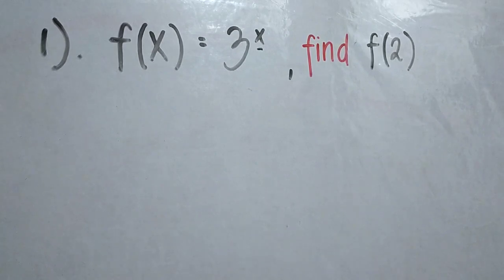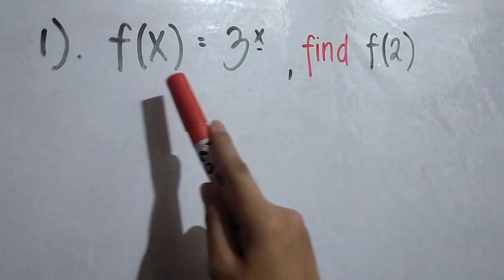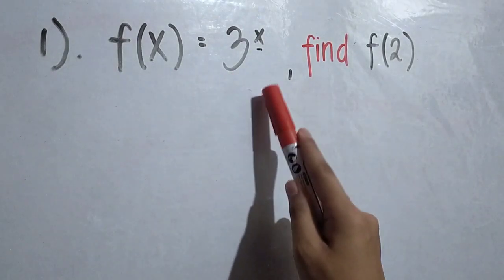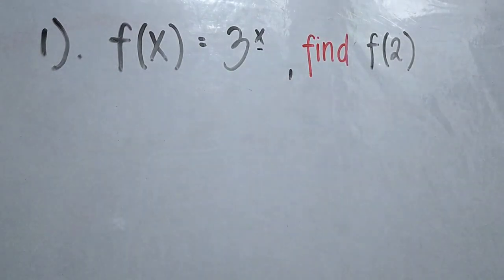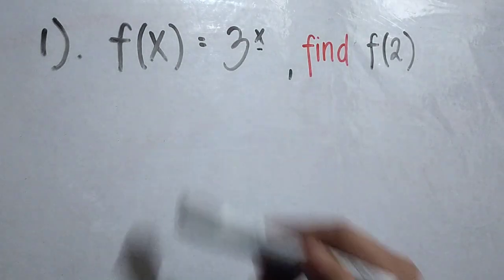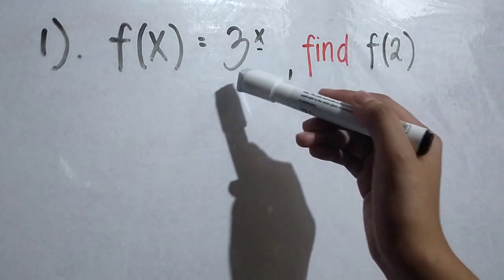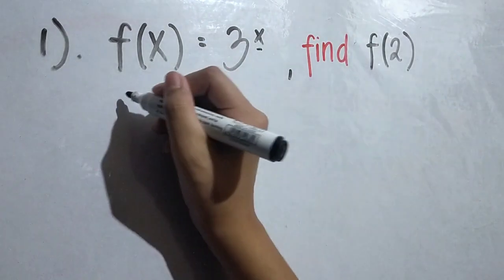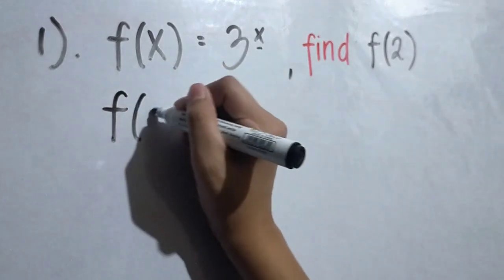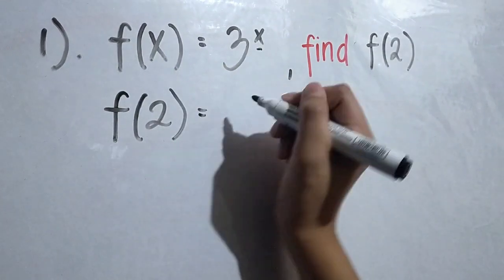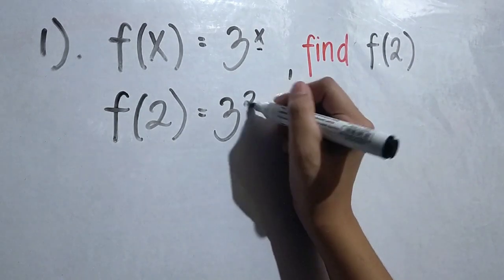Para sa first example natin, we have f of x is equals to 3 raised to x and we are finding f of 2. Para sa magiging first step natin, hahanapin lang natin yung x dito, which is obviously the exponent of 3. So, papalitan natin siya and it's going to be like this. f of 2 equals to 3 raised to 2.